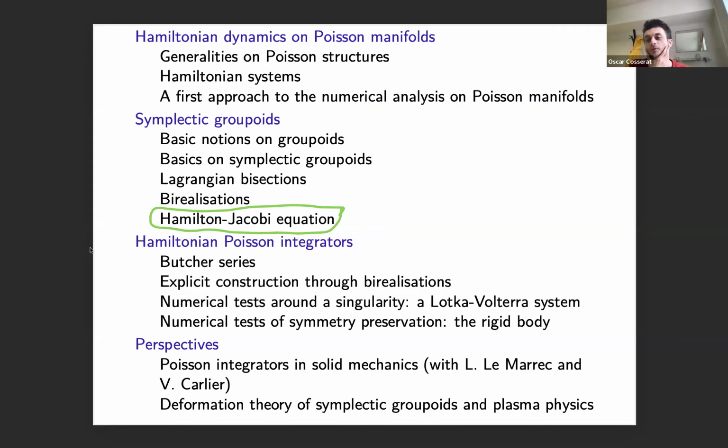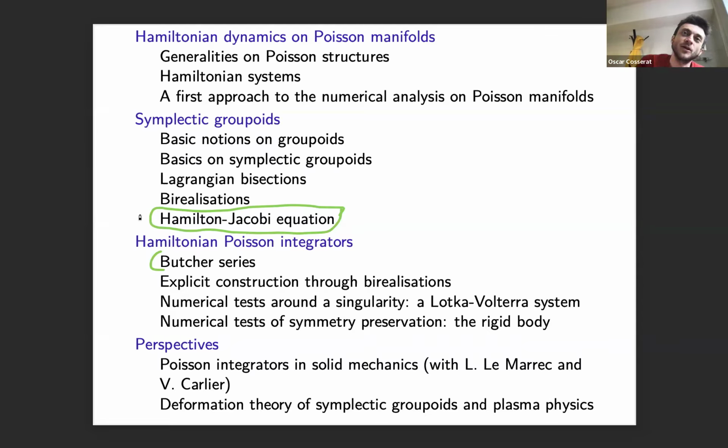So I will show a bunch of numerical simulations and a bit of the tools that we use to construct these numerics. In particular, Butcher series were used to compute formal solutions of the Hamilton-Jacobi equation.